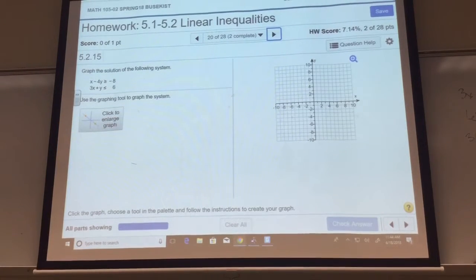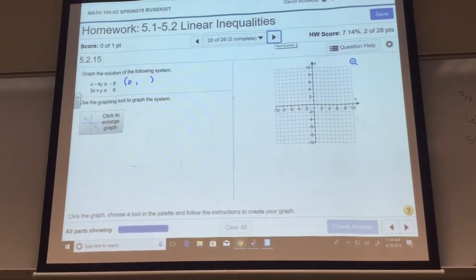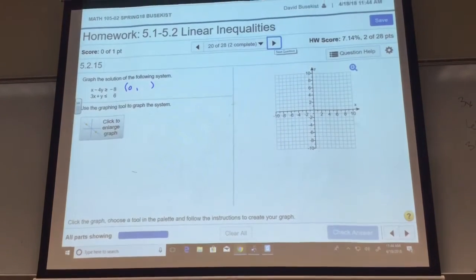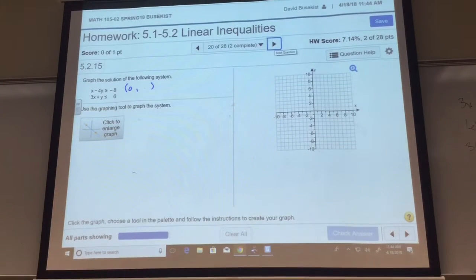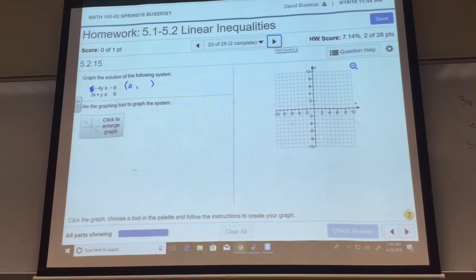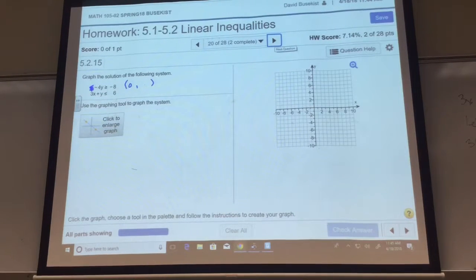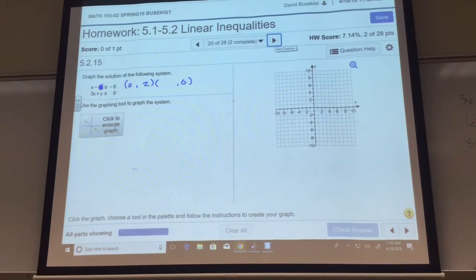So if x is equal to 0 in the top equation, then y does all the work, so y has to take on a value of... If x is 0, then you've got to divide by -4, so y has to be -2. And if y is 0, then x has to be -8.